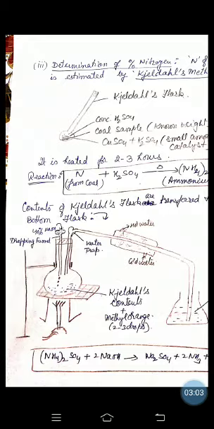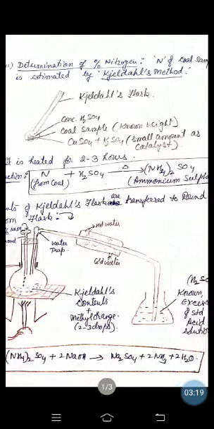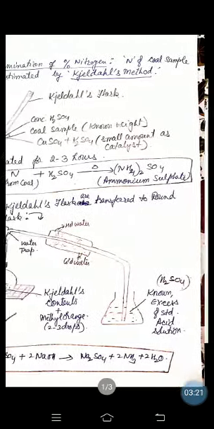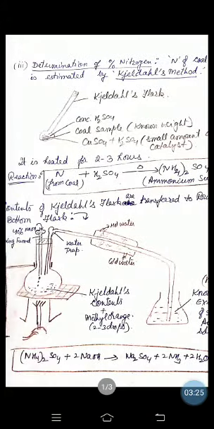To the other hole a rubber tube is connected. This rubber tube has a water trap and is surrounded by a condenser, and the other end of the rubber tube is dipped inside a H2SO4 solution taken in a conical flask.